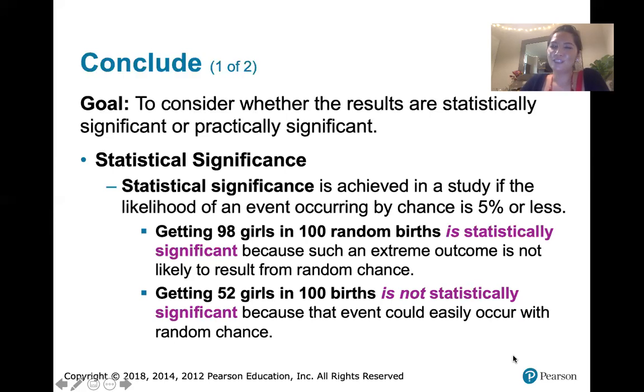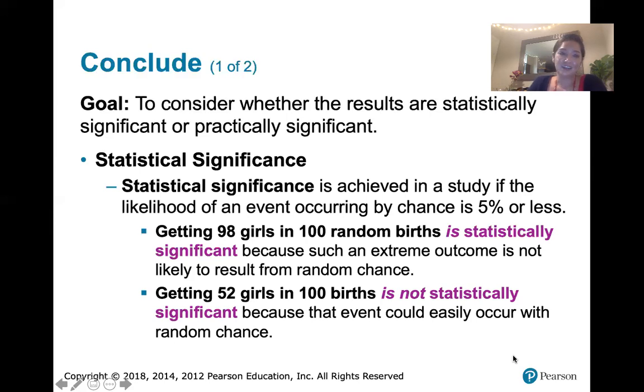But if we got 52 girls out of 100 births, and we're expecting on average about 50% to be girls and 50% to be boys at birth, well, that's not statistically significant. Because if we're expecting about 50% and we get 52%, we're saying, I really don't know. It's probably not statistically significant.